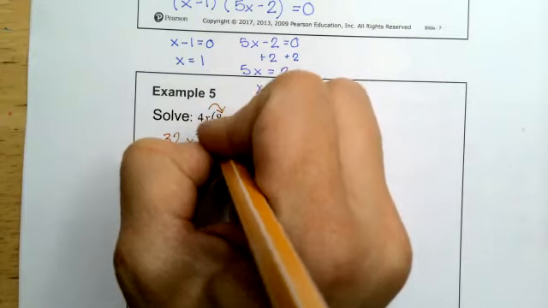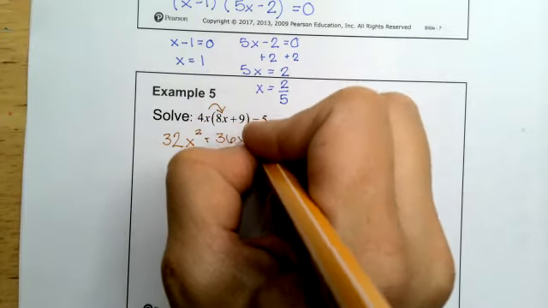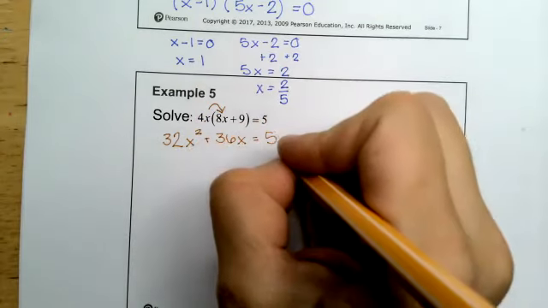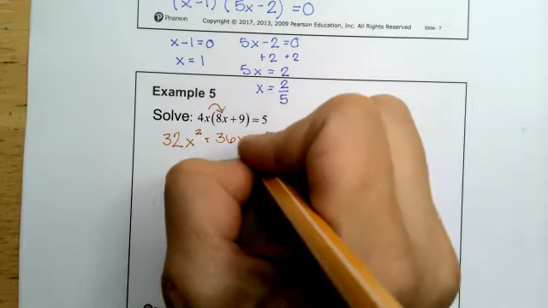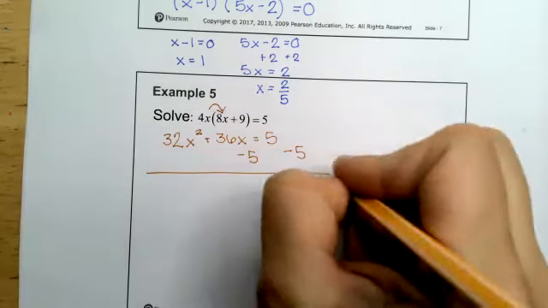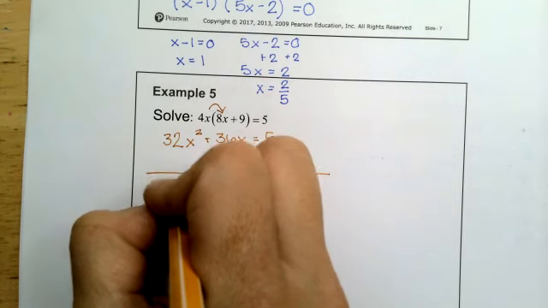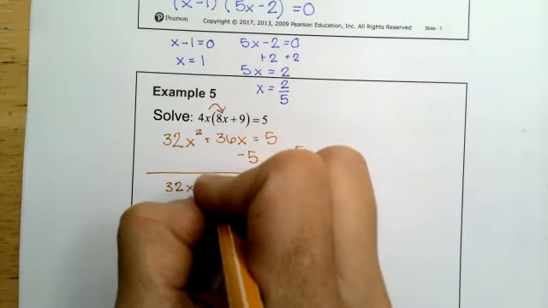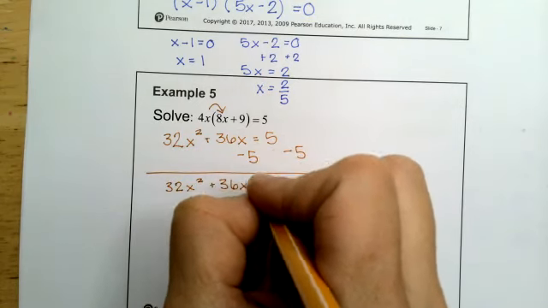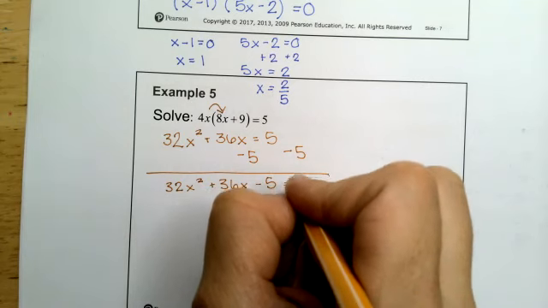They were both positive. And then you have 1x equals 5. Now I'm going to subtract 5 from both sides. 32x squared plus 36x minus 5 equals 0.